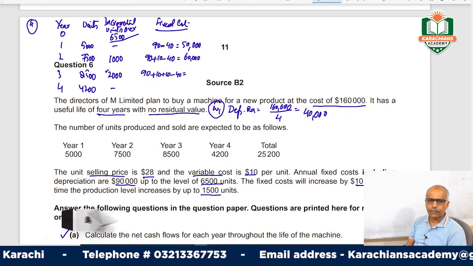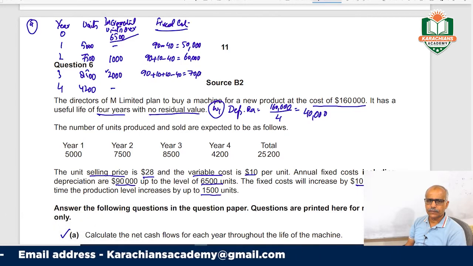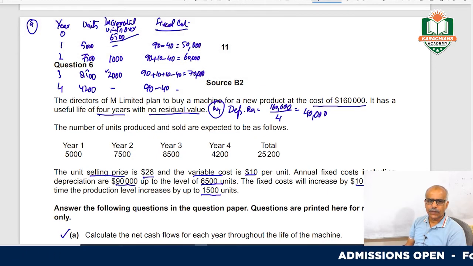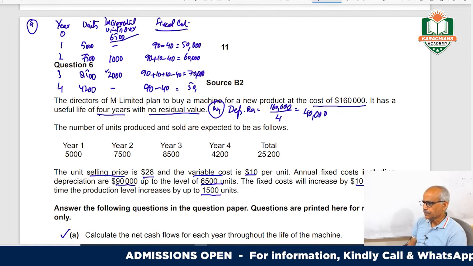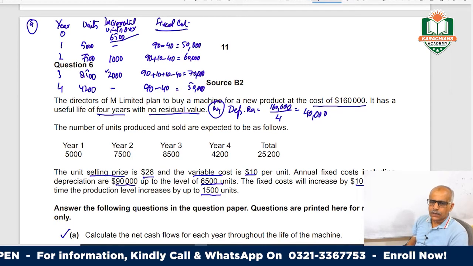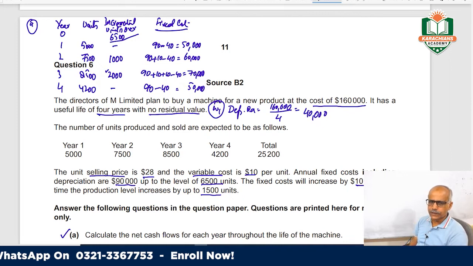So this will be 110,000 and then 70,000. In year 4, no additional cost, only 90,000 minus 40,000, so this will be 50,000. So our fixed costs will be 50,000, 60,000, 70,000 and 50,000.